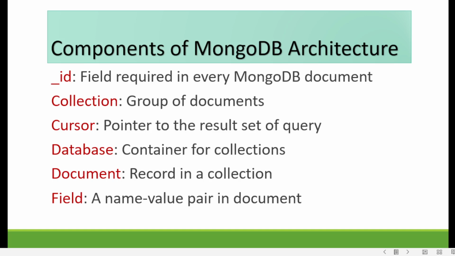Collection is a group of documents, which is the equivalent of a table in relational databases, and exists within a single database. Cursor is a pointer to the result set of a query. Clients can iterate through a cursor to retrieve results. Documents are basically records in a collection. Field is a name value pair in the documents.